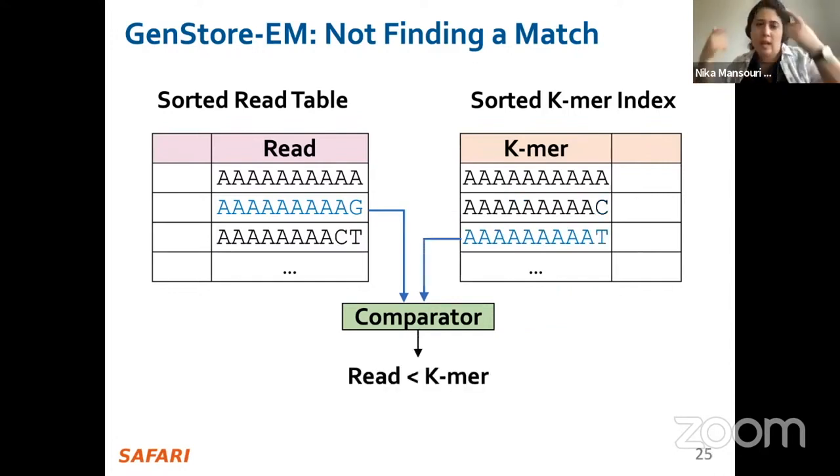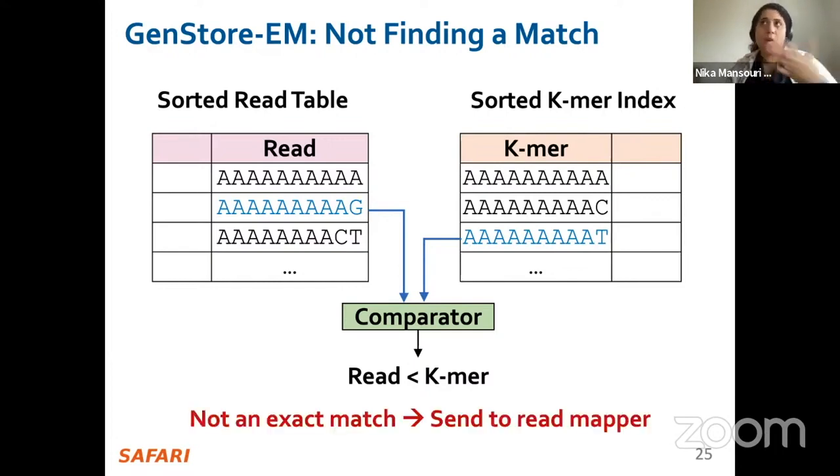Okay, so then now the k-mer is larger than the read. So again, we conclude that the read, this time, does not match any k-mer in the index. So when it doesn't match, we know that we need to send it to the read mapper. This read mapper can be anywhere, right?